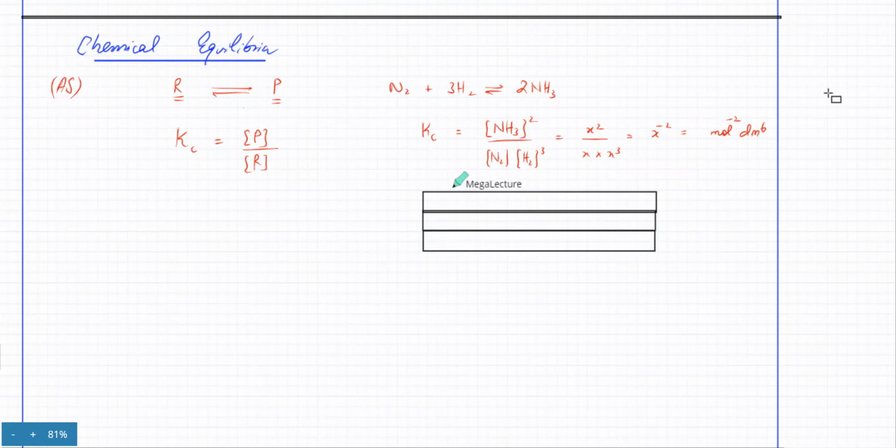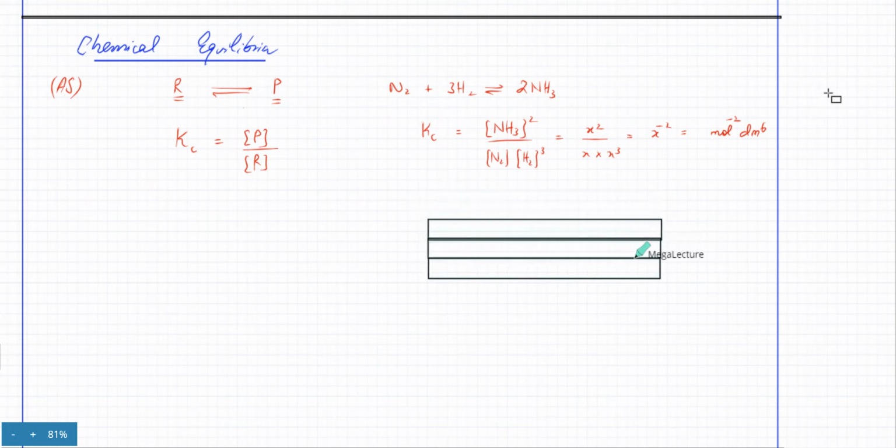They would give you a reaction, for example N2 and H2 reacting to produce NH3, along with some insight about the initial amount of moles added to the container.